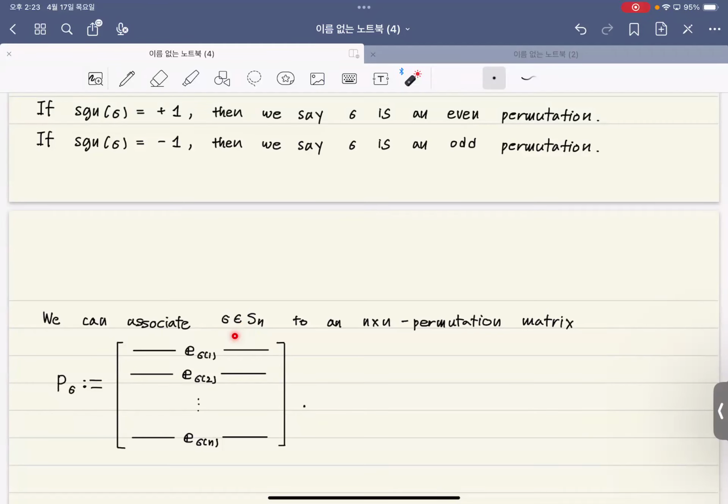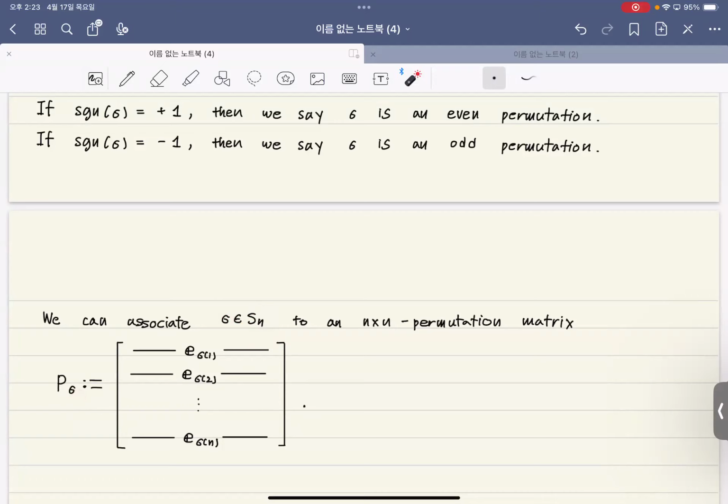All right, a small quiz. Suppose that I have chosen the identity element from Sn. Identity is always a member of Sn, right? And what is P of the identity? Identity matrix, right? The n by n identity matrix.